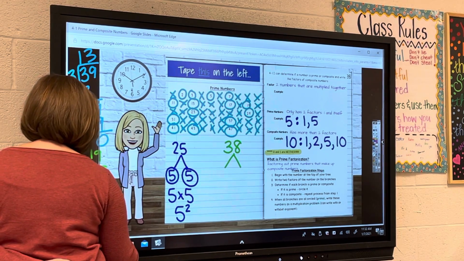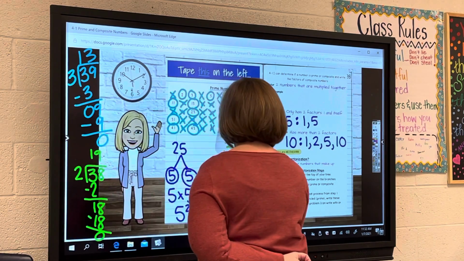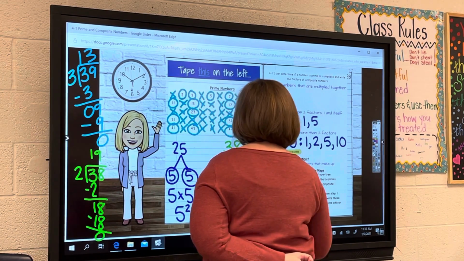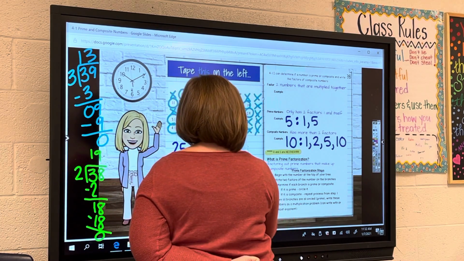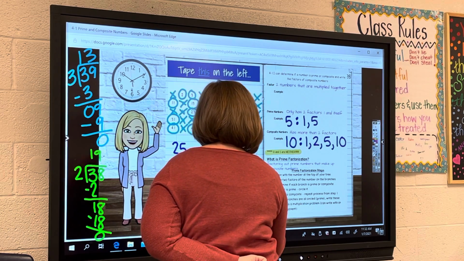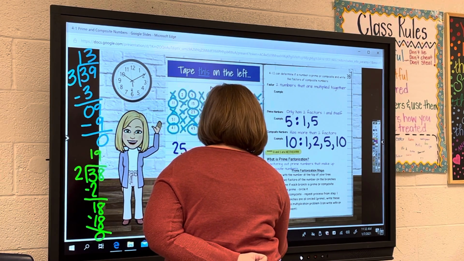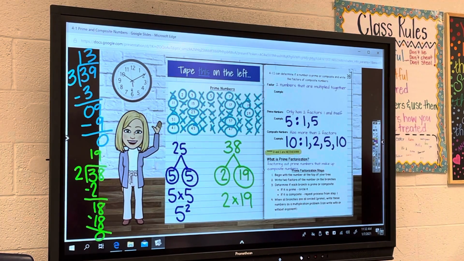So it's 2 times what? 19. 2, is that prime or composite? Prime. 19 is prime. So my prime factorization is just 2 times 19. I want to do one more, okay?